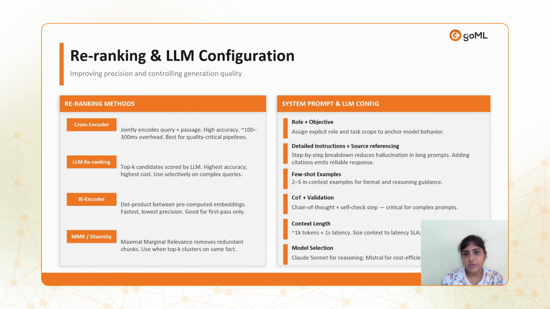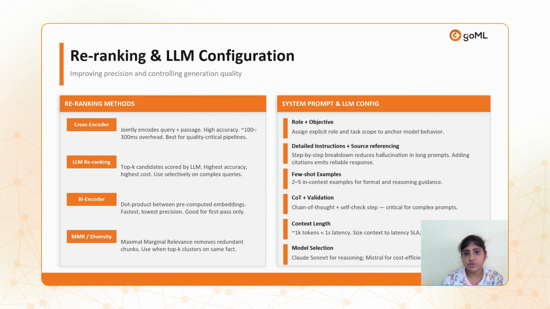So we use a set of patterns and steps for RAG in production. So first is the explicit role and task objective definition. Next comes step-by-step instructions for the task and enforcing addition of citation and reference in the responses.